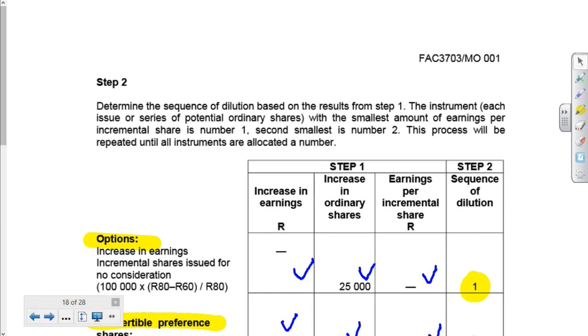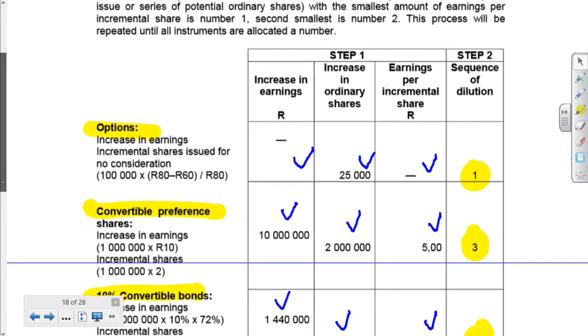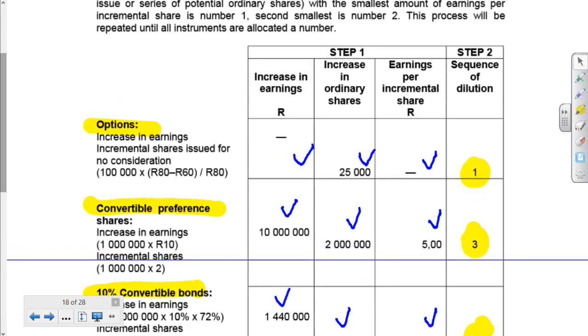So for the two that you have, options and debentures, you're going to work out for options 0 and whatever, I think our number was 100,000. And then for your debentures, we had the 361 and we had the 250. You're going to work out the earnings per share for those two, and work out which one we're going to put in first. And then you're going to do your calc.